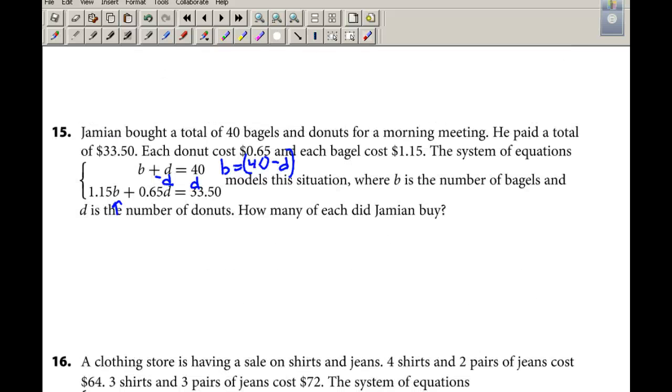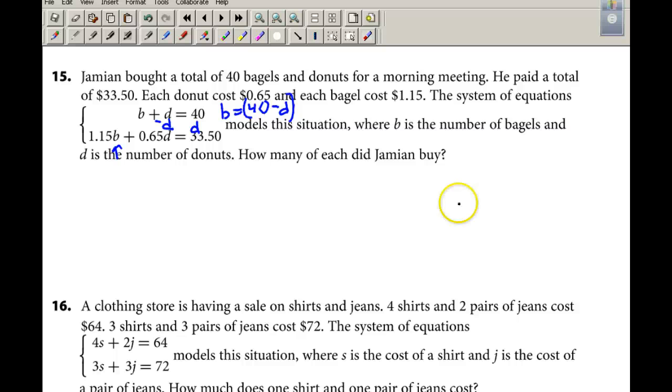Oh, and of course at the end of a word problem, please write a summary of what your answer means. So we know that the two answers add up to 40. So if you get b equals 21 and d equals 19, just write a sentence saying he bought 21 bagels and 19 donuts.